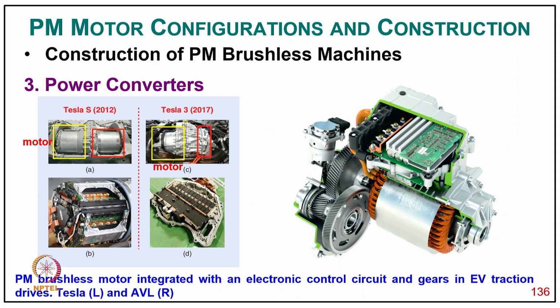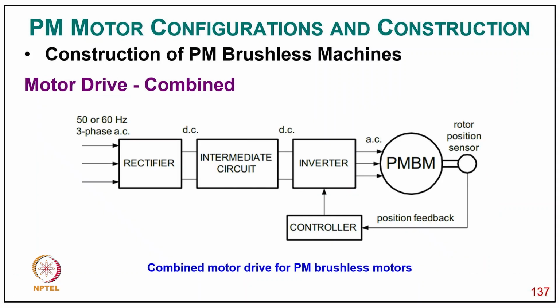And typically the motor for Tesla is among the brushless motors integrated with electronics control and gear in EV traction in the Tesla car. I mean with the gears. Because motors are designed for high speed, certainly the gears are put in to reduce the speed, but it does not control the gear changing.